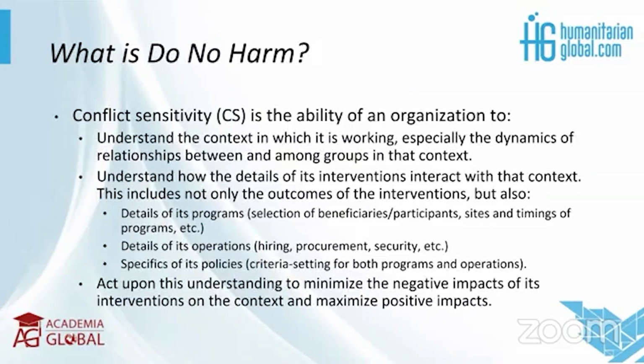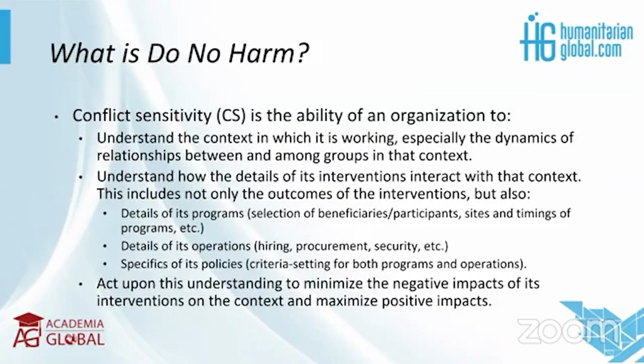The specifics of your policies, the criteria setting for both programs and operations. How are your gender mainstreaming policies? How are your child protection policies? What policies do you have? Procurement policies, HR, how do they interact within the context that your intervention is?